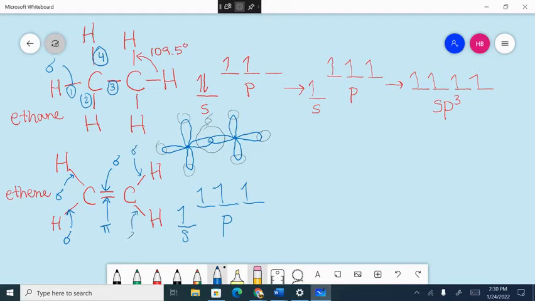So only 3 of these electrons need to hybridize. These bond angles here are 120. So let's hybridize these 3 electrons here to be the same energy. And as you can guess, this is sp2.